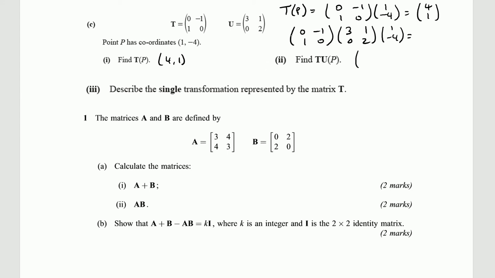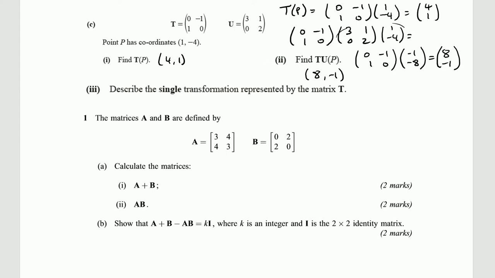So I'm going to hang on to my (0, -1, 1, 0) and multiply together these two over here. That is 3 add -4, which is -1, and 0 add -8, which is obviously -8. Multiplying these together, I'm getting 8 for the top, and I'm getting -1 for the bottom. And so TUP is the point with coordinates (8, -1).